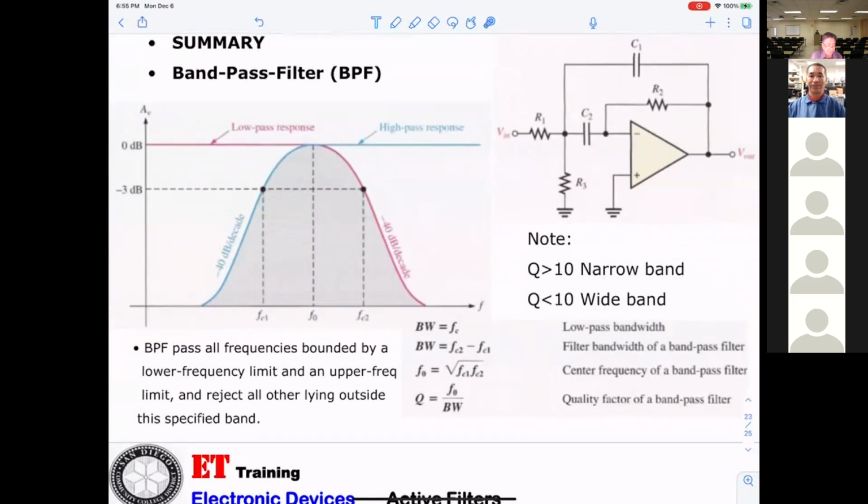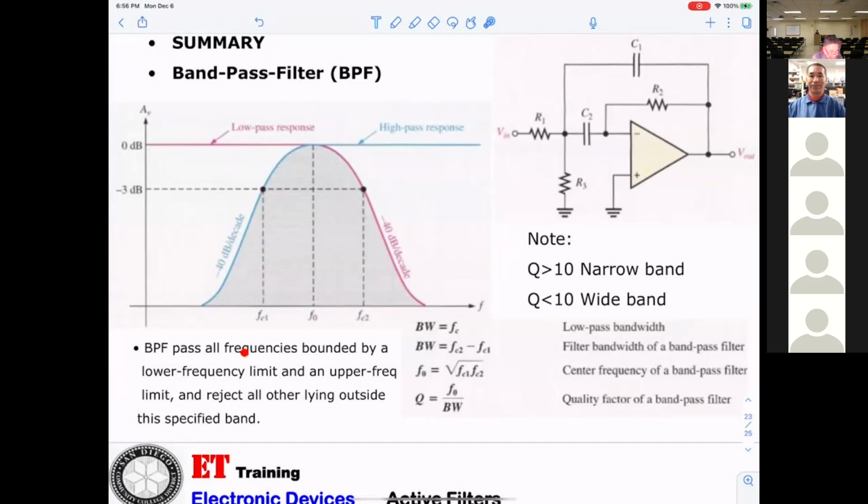When I'm looking at the output here, I know this is the output of the bandpass filter, and this is the circuitry for the bandpass filter, okay?